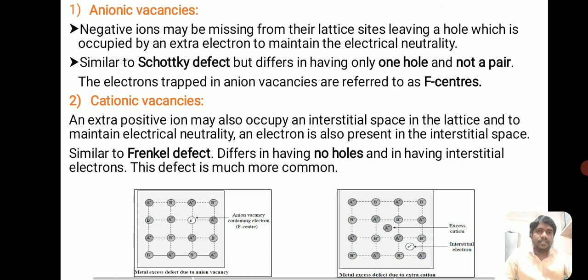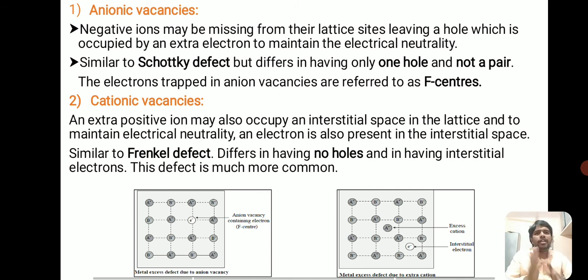Anionic vacancies. Here negative ions may be missing from their lattice sites, leaving a hole. You can observe here the negative ion is missing, leaving a hole which is occupied by an extra electron to maintain electrical neutrality.